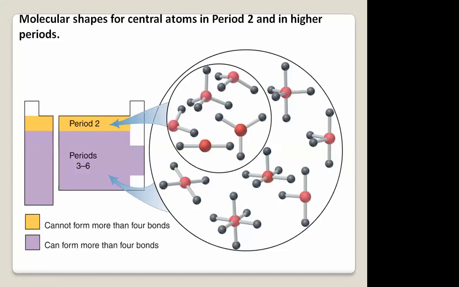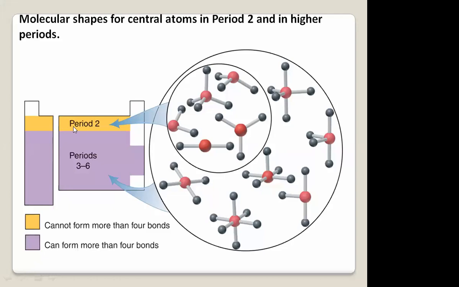You can only have either tetrahedral, a distorted form of tetrahedral that is trigonal pyramidal, or trigonal planar, which is sp2 hybridization, or a distorted form of trigonal planar, which is bent shape, and you can then have an sp3 hybridization.